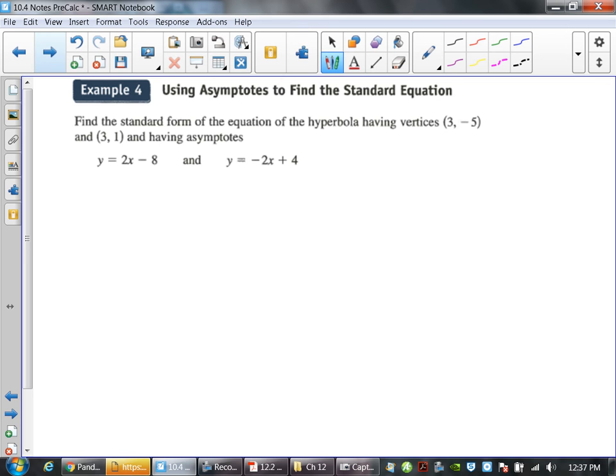So if we're at (3, -5) for one of them, and the other one is at (3, 1), if those are my vertices, which way is this going? It's going up and down, which means it's a y squared hyperbola. As soon as you notice that, start filling in the blanks.